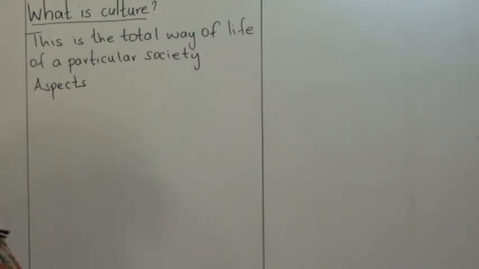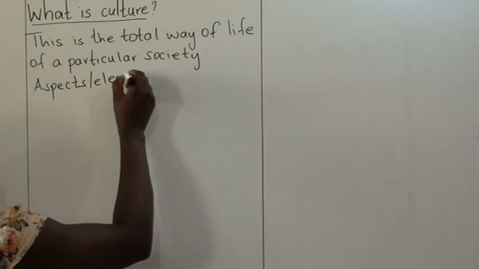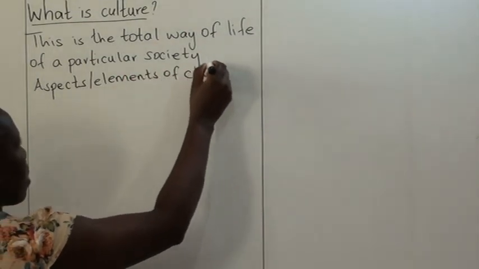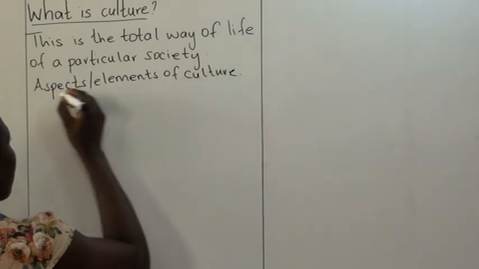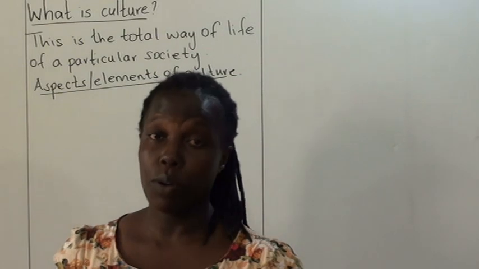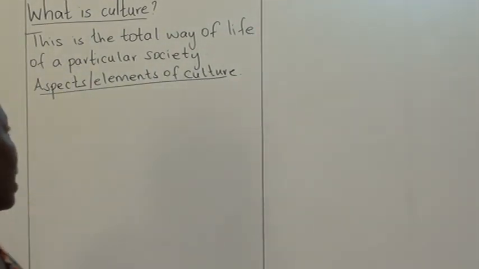You can either say aspects or elements of culture. We are going to name the aspects or elements of culture. Number one, we have social organization.